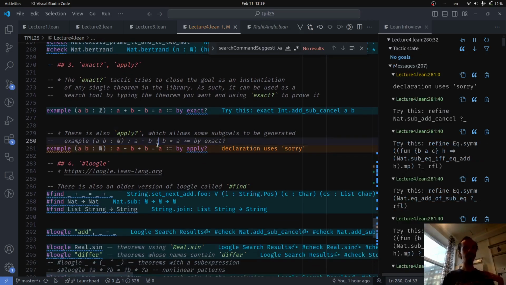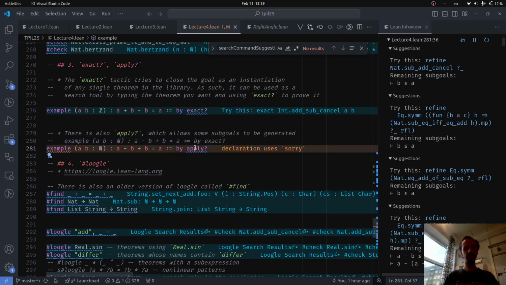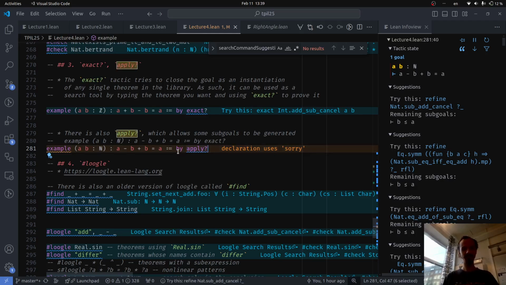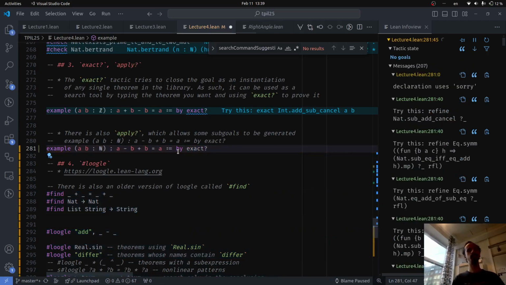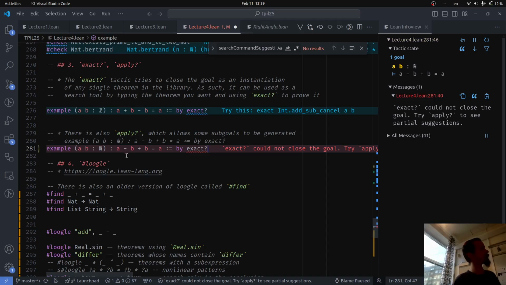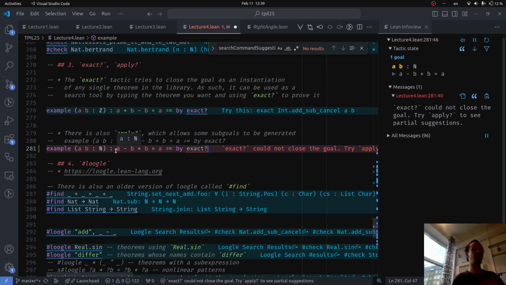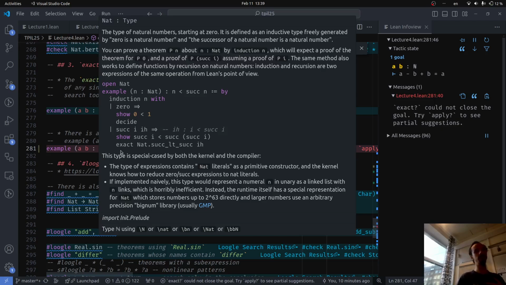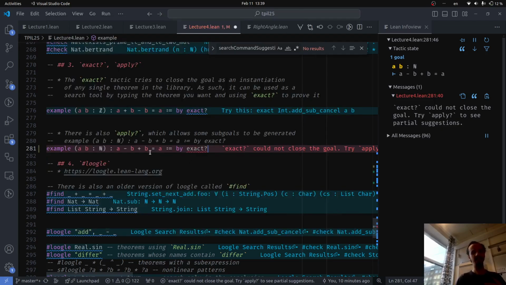There's another variation on it called apply?, which is for when there are some sub-goals. So if I try exact? on this, it won't succeed because this theorem is not true, right? If I have natural numbers and I subtract b and then add b, I don't get back the original. This isn't true because subtraction saturates at 0.